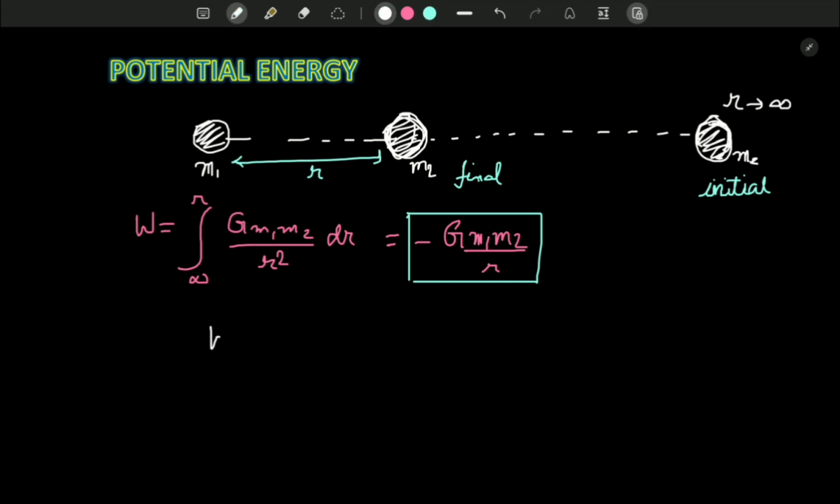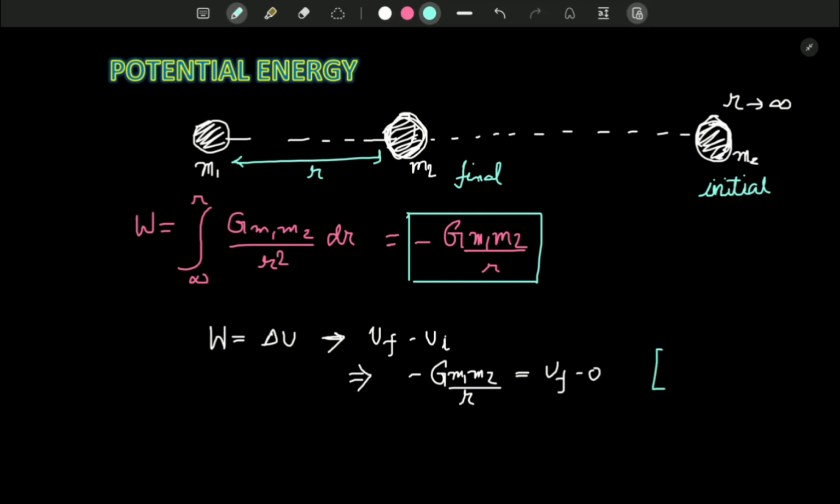Now we know that the work done W equals the change in potential energy delta U. So W equals U final minus U initial. So I can write this implies minus G M1 M2 by R equals U final minus U initial, which is 0. Why?